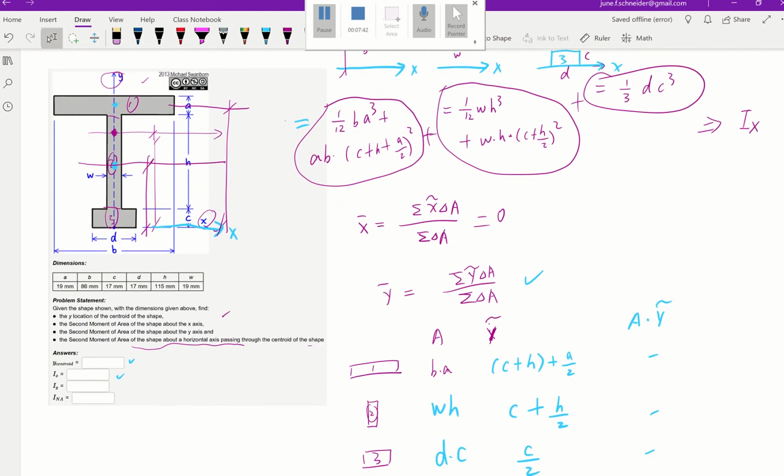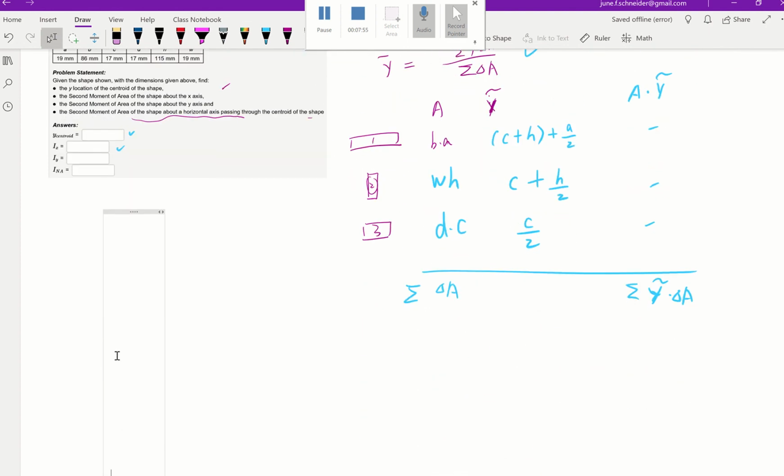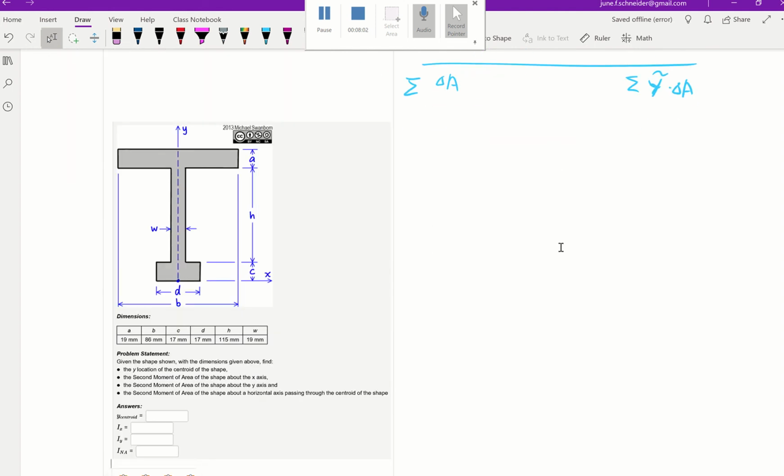Now, we're going to look at IY. In order to solve this IY, we're going to do the same thing. Look at the top rectangle.